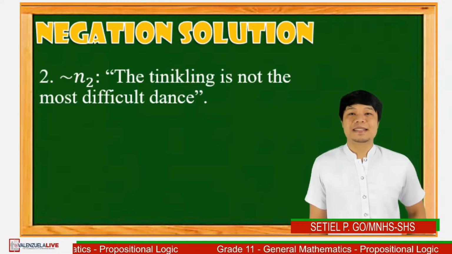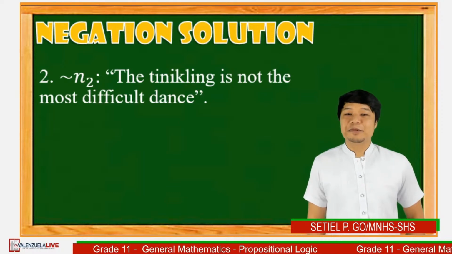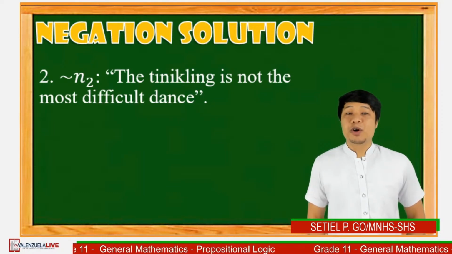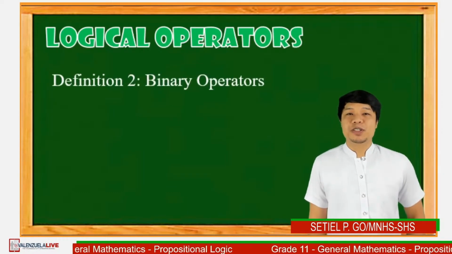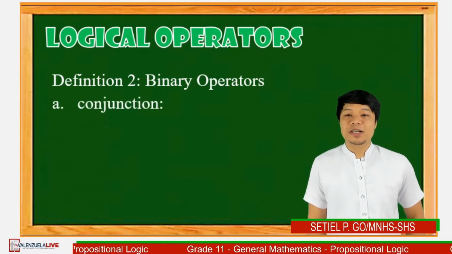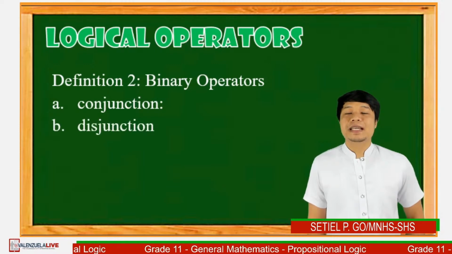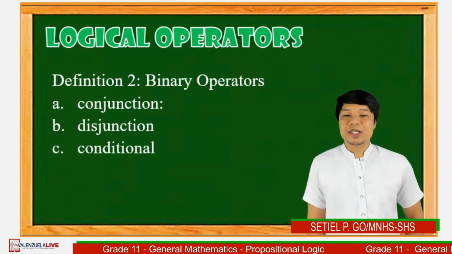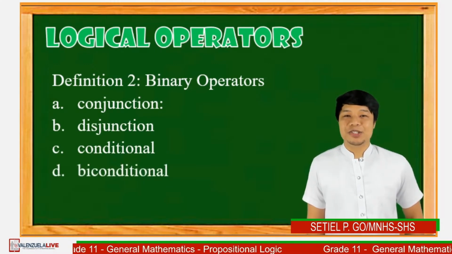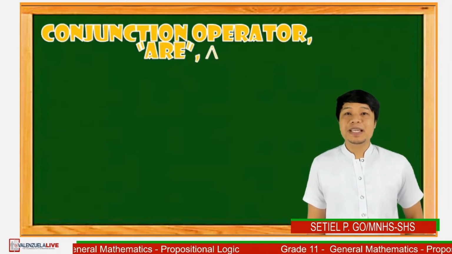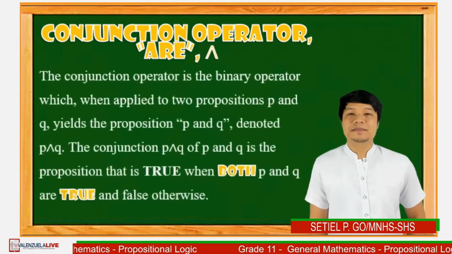The next one will be the logical operators for two propositions. Binary operators, which are conjunction, disjunction, conditional, and biconditional. First one will be the conjunction operator.